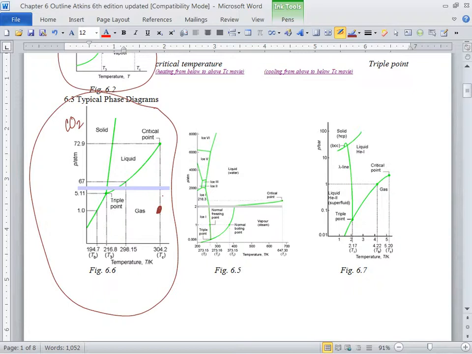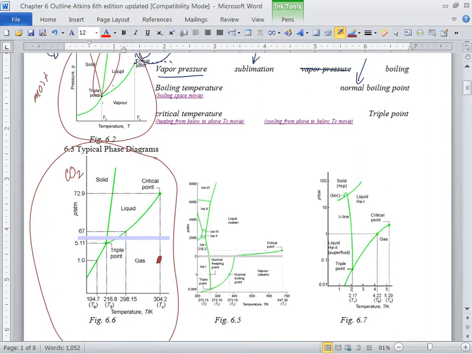It'll sublime, but it's going to go through that liquid phase. So that's really not sublimation. That's first melting and then going from liquid and boiling, right? So first you got to melt it and then you got to boil it. And it makes sense. It's heating up, right? Because it's too dang cold. It's supposed to be way out at 300.